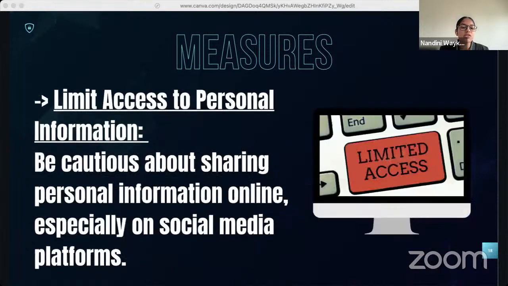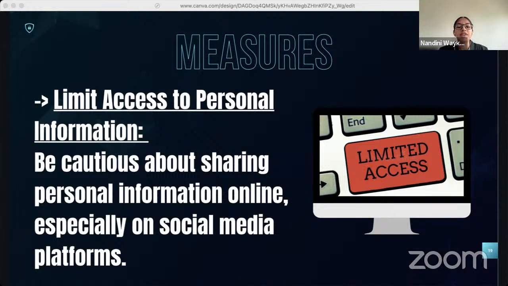The next one is to limit access to your personal information. This is also very, very important. We should be cautious about sharing our personal information online, especially on social media platforms. Some platforms request access to your photos, your location, or your contacts.